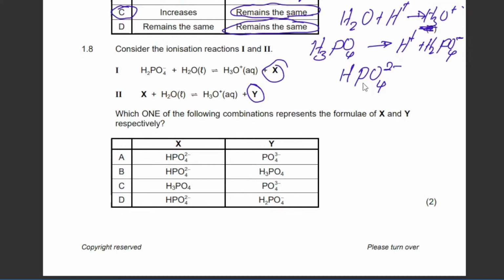Now it ionizes again. It gives out 1 hydrogen. So now it means that this is going to become 2, and then the number of hydrogens is going to become 1. And if it ionizes again, it's going to become this plus, now it's going to become -3.